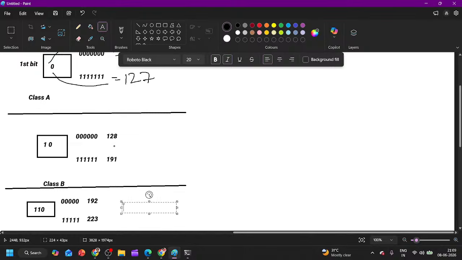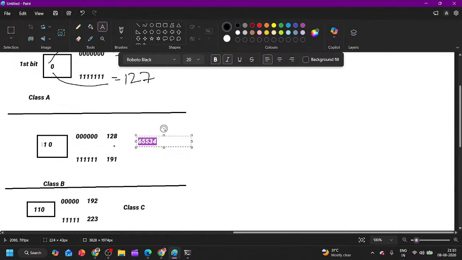It is for a small organization. You will have 254 IP addresses. So if you have clients up to 254 in your network, you can use IP from class C for a small organization. For a medium organization, class B. How many IP addresses are there? 2 power 16 minus 2, around 65534.